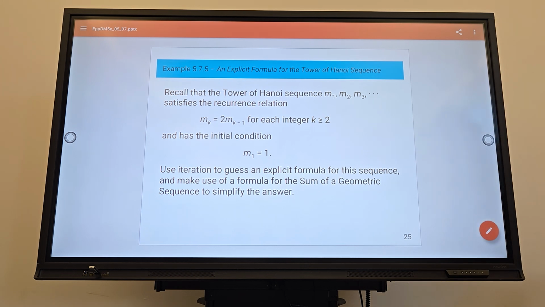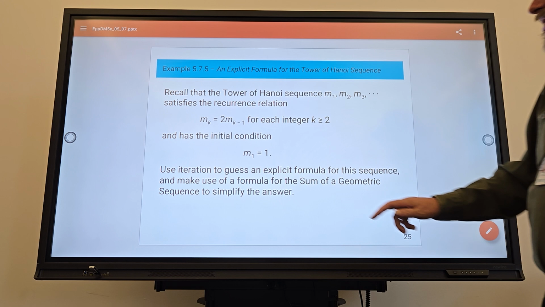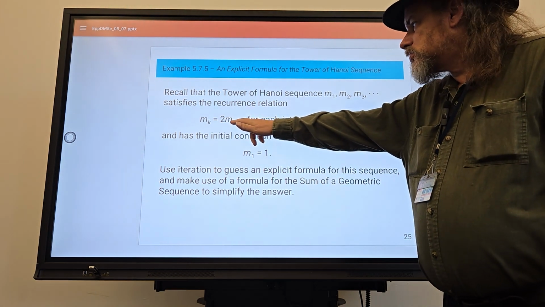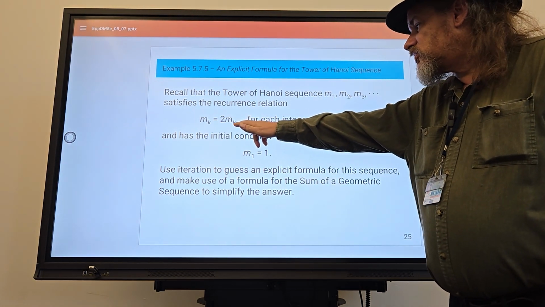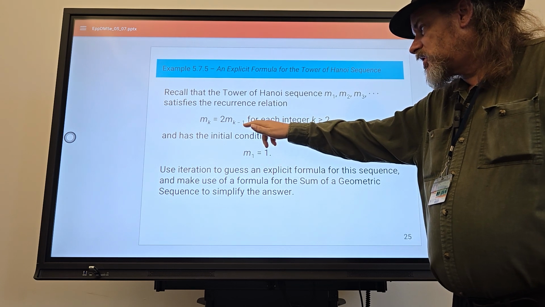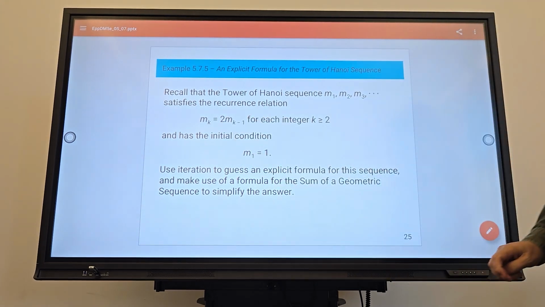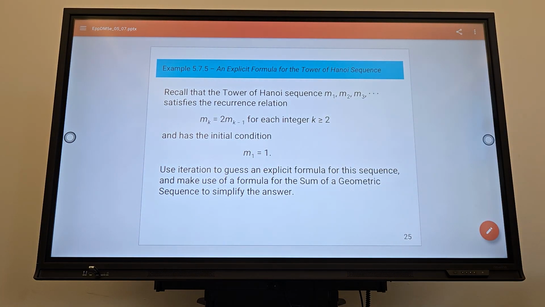That is shown with 2 times m sub k minus 1 plus 1 for the number of moves with k disks. And the initial condition is m1 equals 1, because it just takes one move to move one disk from one point to another on the board.